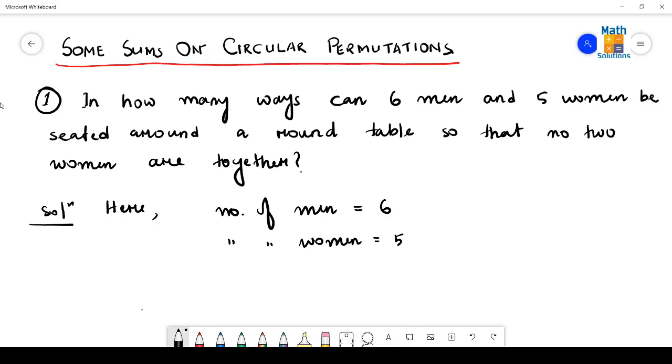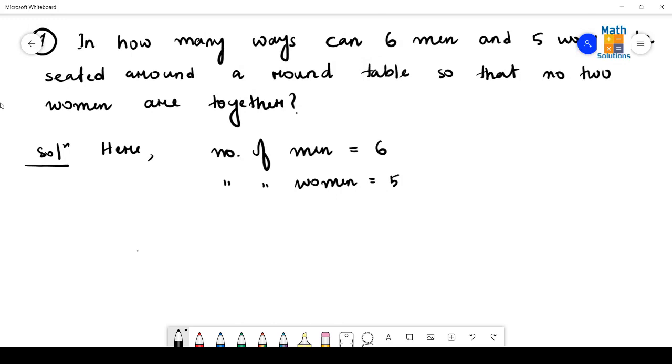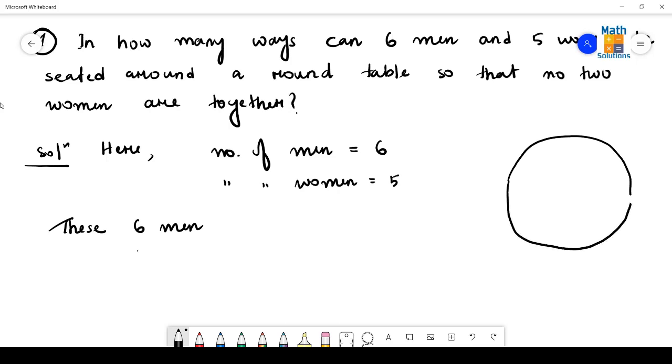Actually the formula for circular permutation we are going to use here. Out of these 6 persons, I am going to fix one person's position in this circle. Means this is a circular arrangement. In this round table he has to sit.